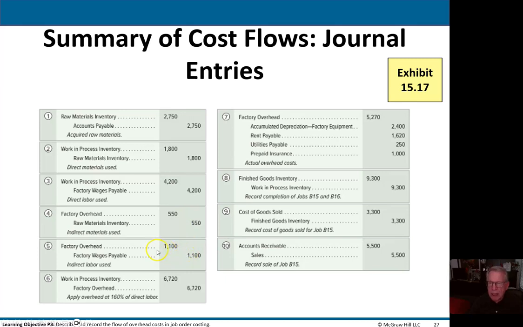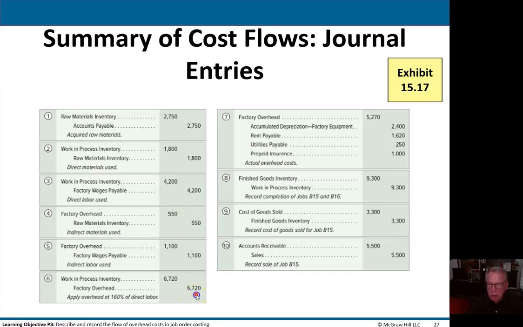And then finally, indirect labor will again debit factory overhead for $1,100, and the credit, like it was for direct labor, will be to factory wages payable. Now we apply the overhead. In this case, the predetermined overhead rate was 160% of direct labor.